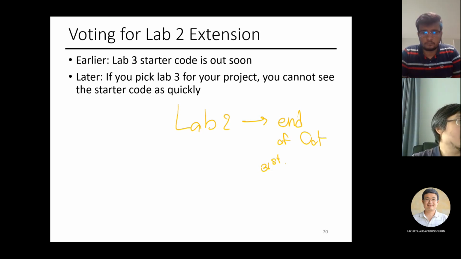I think I'll get rid of Lab 3 for now, because otherwise you're going to have too little time on your project. I would rather see you focus on the project. Lab 3 will be open after the 31st as extra credit.